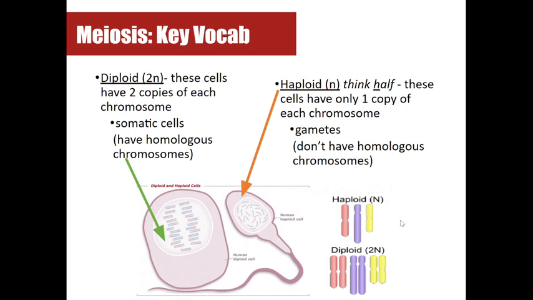So you can notice the difference here. We only have one of each, while down here we are doubled. So remember, haploid is half, while diploid is 2. And if you remember our prefixes, we see the prefix di here, which means 2.